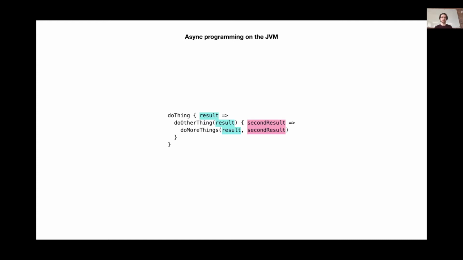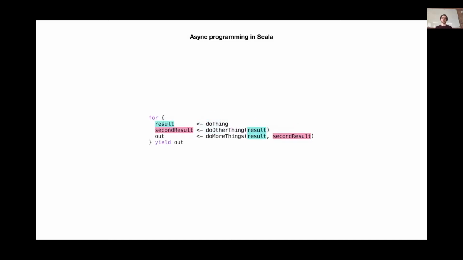And in Scala, we have a pretty standard way of doing that based on monads or monadic combinators like flatMap and map. And even Future provides something like this. So this is basically the same kind of structure, except we have special syntax for it that makes the nesting less painful.